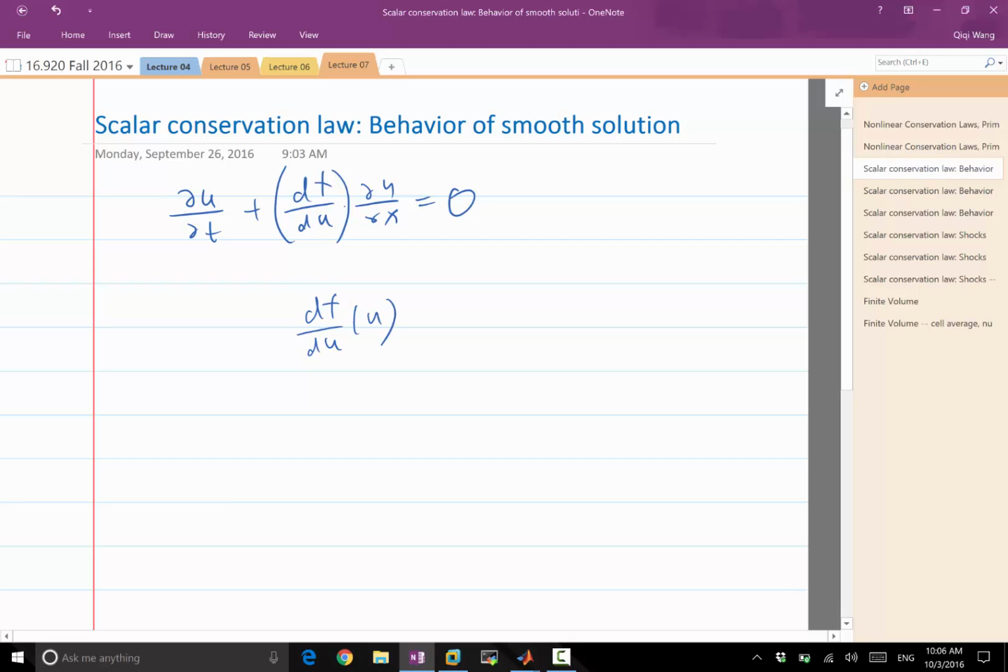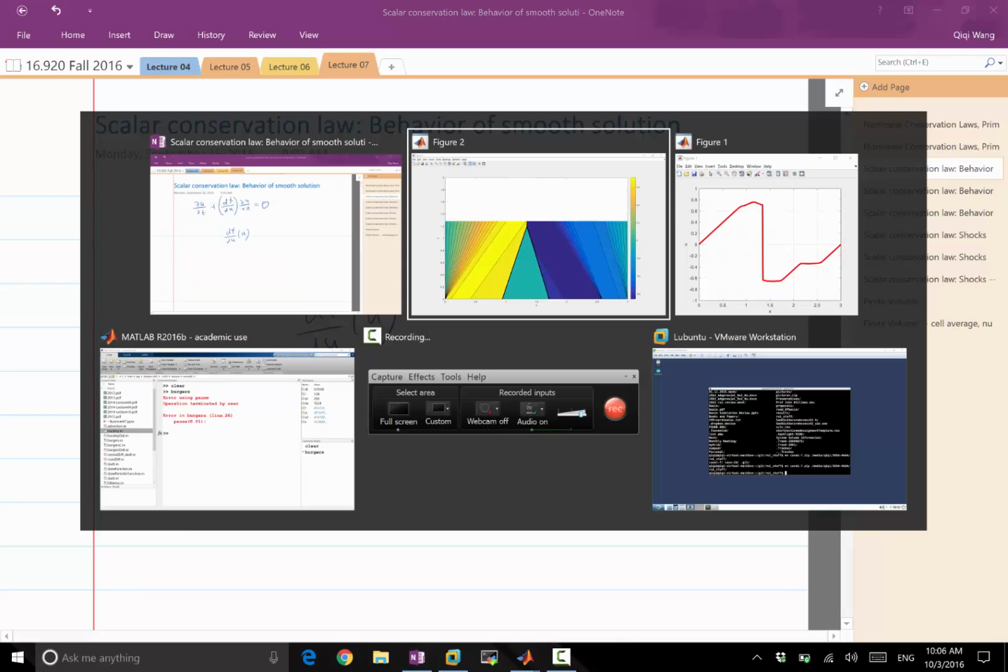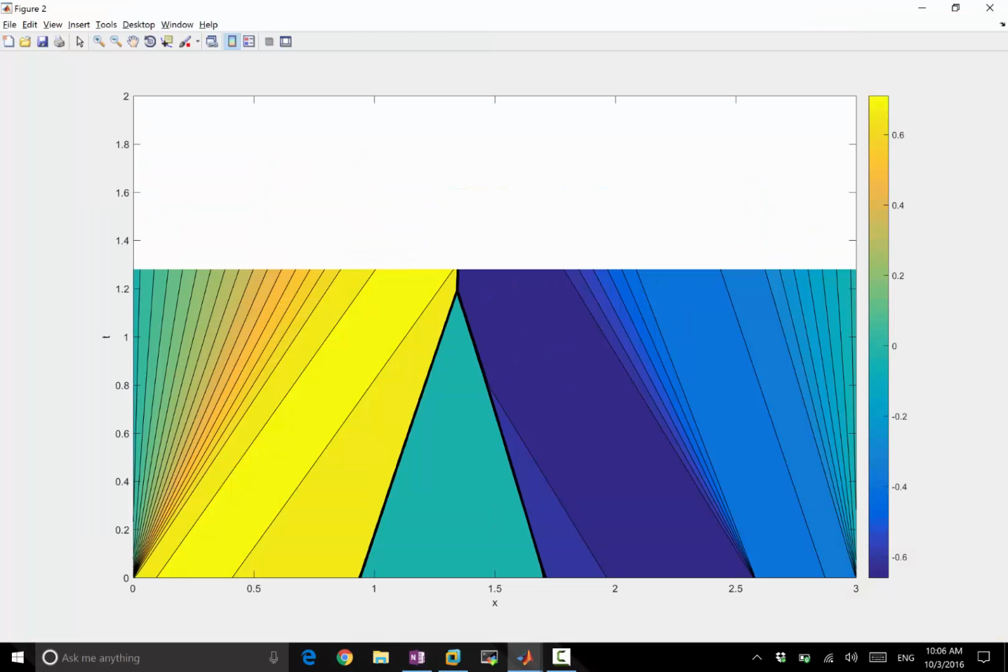That means the speed at which the wave propagates is just a function of u. So as the wave propagates, for example, towards the right, if I'm riding along the wave, then locally the solution value u doesn't change, and therefore the speed doesn't change. Intuitively, that's the answer, right?